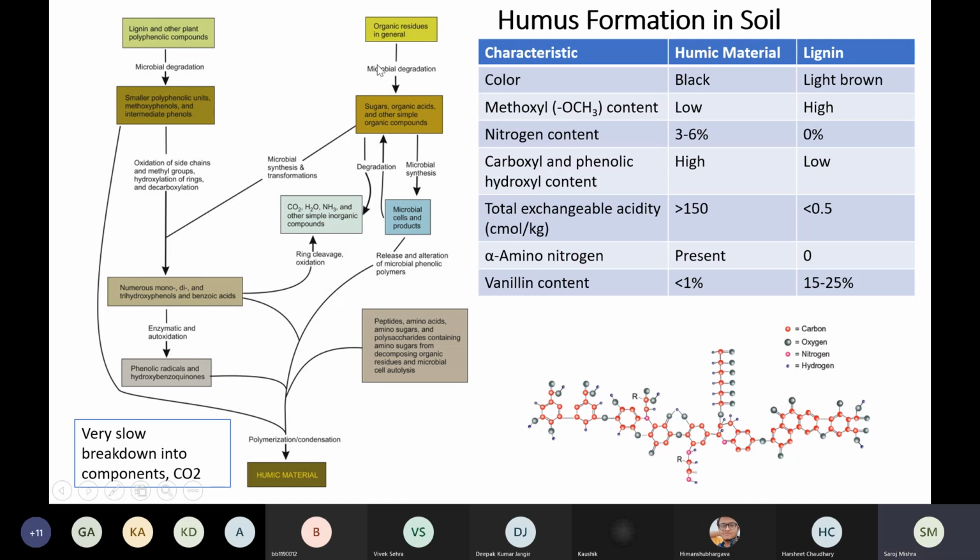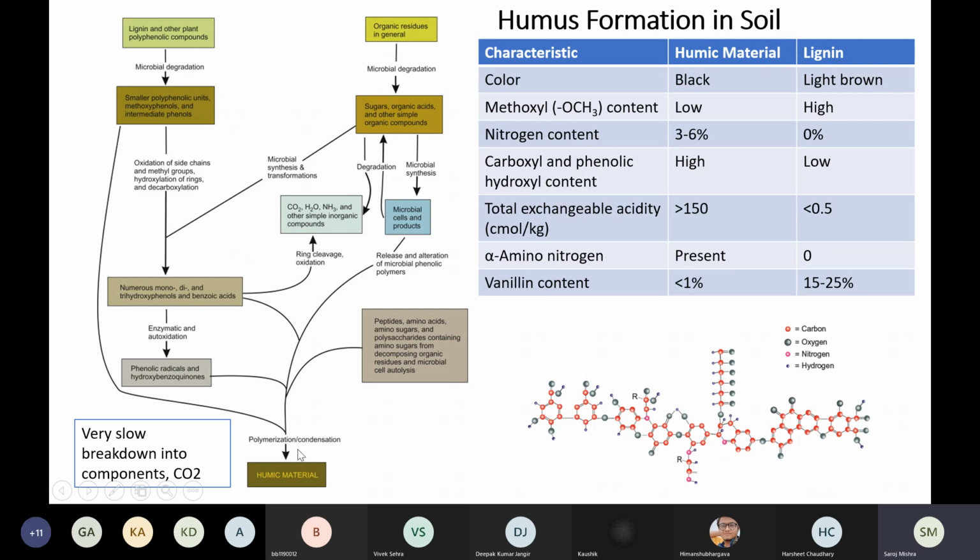organic units are made. Breakdown of organic residues like protein will result in the formation of amino acids. But if you have polymers like carbohydrates, they will be broken down into sugars, organic acids, etc. And through a combination of all of these, within the soil, various enzymatic processes, auto-oxidation processes, or modifications are going to occur.